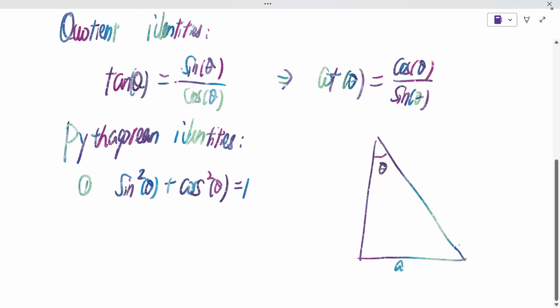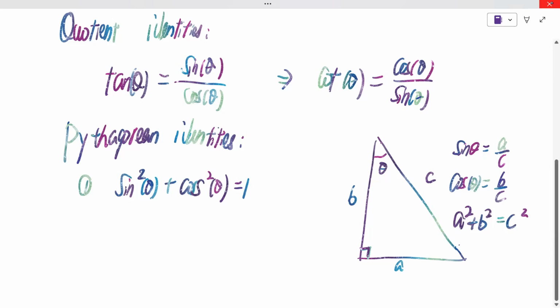Assuming this side is A, this is B, that's C. Sine theta is going to be, as long as it's a right triangle, this works, A over C. And cosine theta is B over C. Because it's a right triangle, A squared plus B squared equals C squared. It's the Pythagorean theorem, that's why it's called Pythagorean identities.